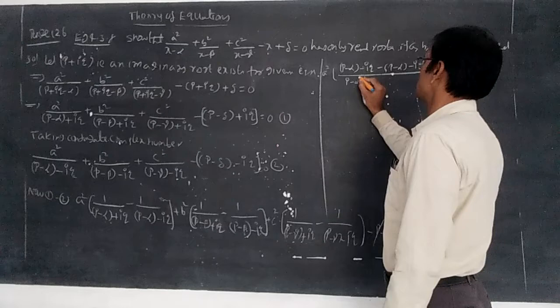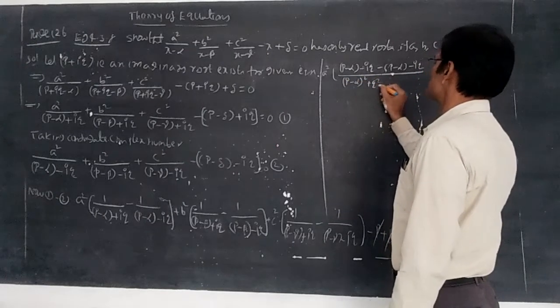Here you write p minus alpha whole square plus q square.